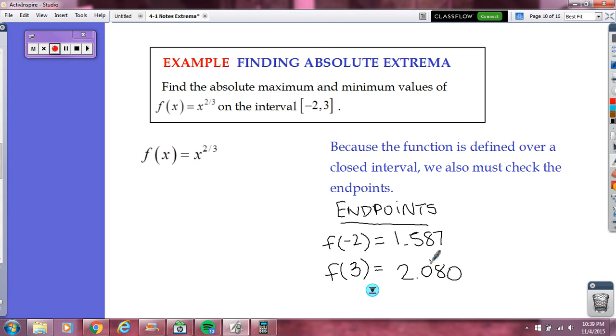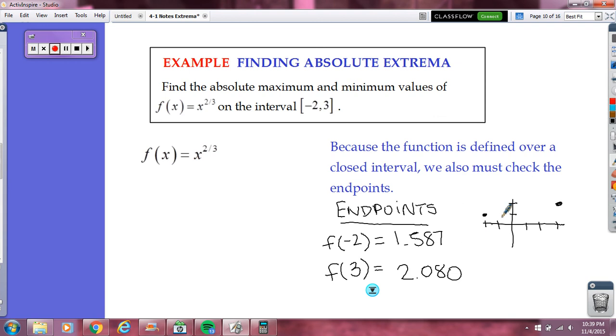So here are two possibilities. If I wanted to, I could start sketching out my graph. When I'm at -2, I've got this y value. When I'm at 3, I've got that y value. So I'm starting to get an idea of like, oh, this one's bigger, it might be a maximum. Oh, this one's smaller, it might be a minimum.